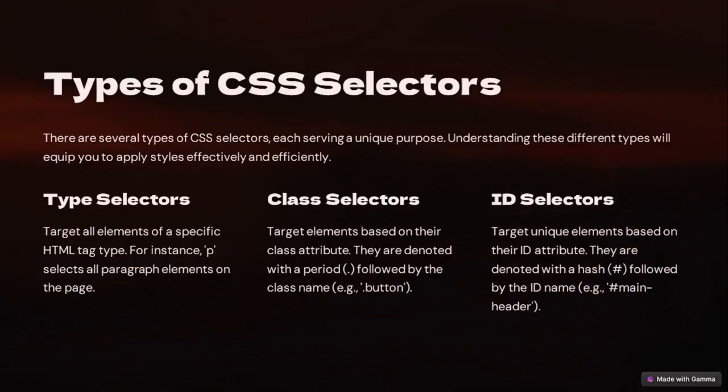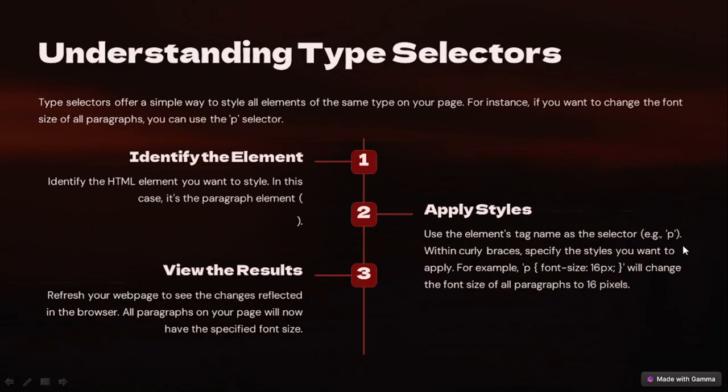For a recap, we have three types of selectors which we just went through: the type selector, the class selector, and the ID selector. The type makes use of the tag name, the class selector makes use of a period followed by the class name, and the ID makes use of a hash followed by the ID name.